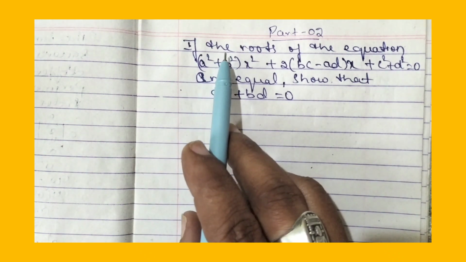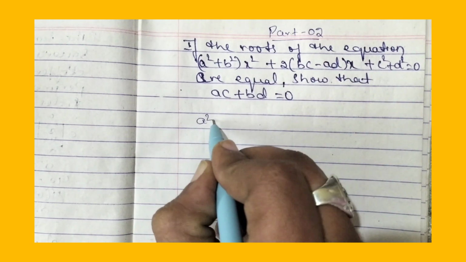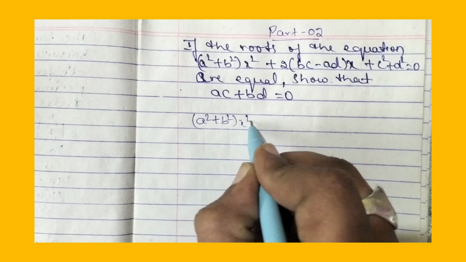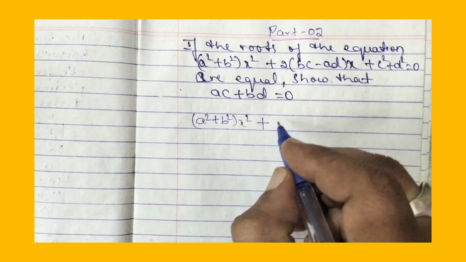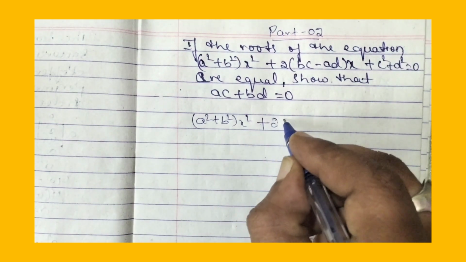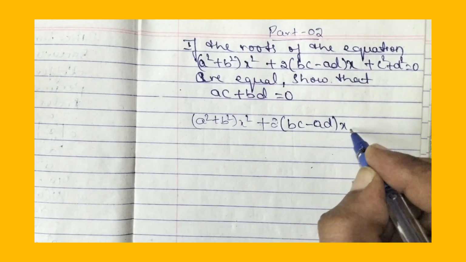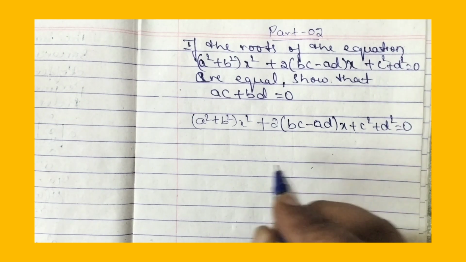The first question of part 2 is: if the roots of the equation (a square plus b square) into x square, plus 2 into (bc minus ad) into x, plus c square plus d square is equal to 0.